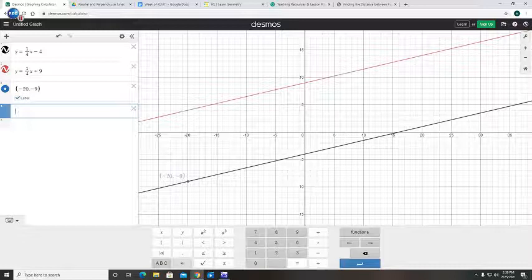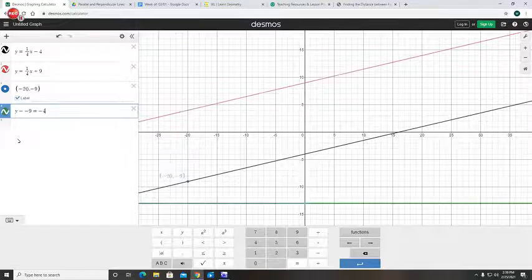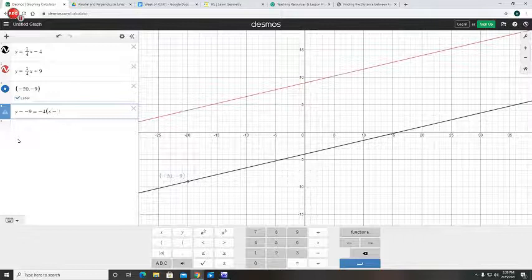So I'm going to use point-slope form. Y minus y1, which is -9, equals m, my slope, which is -4, times x minus x1, which is -20.